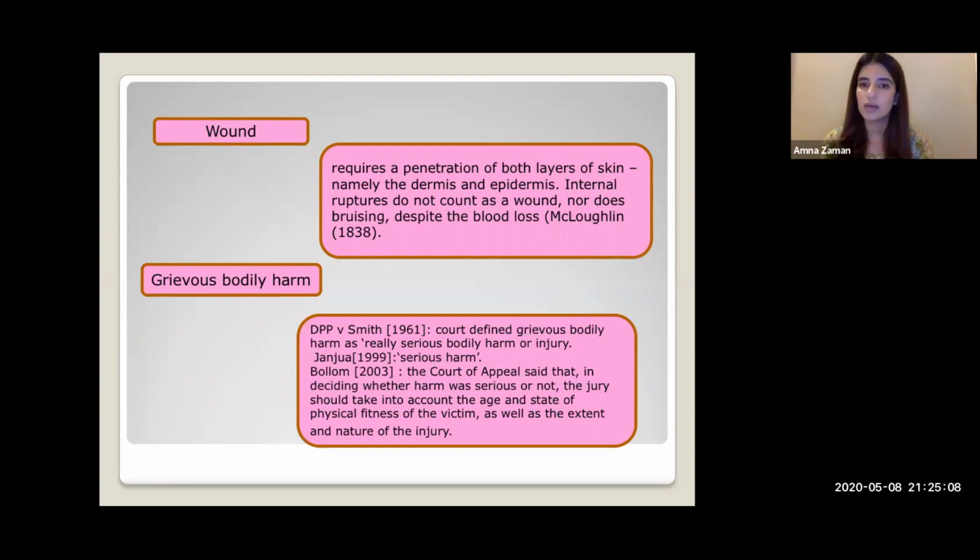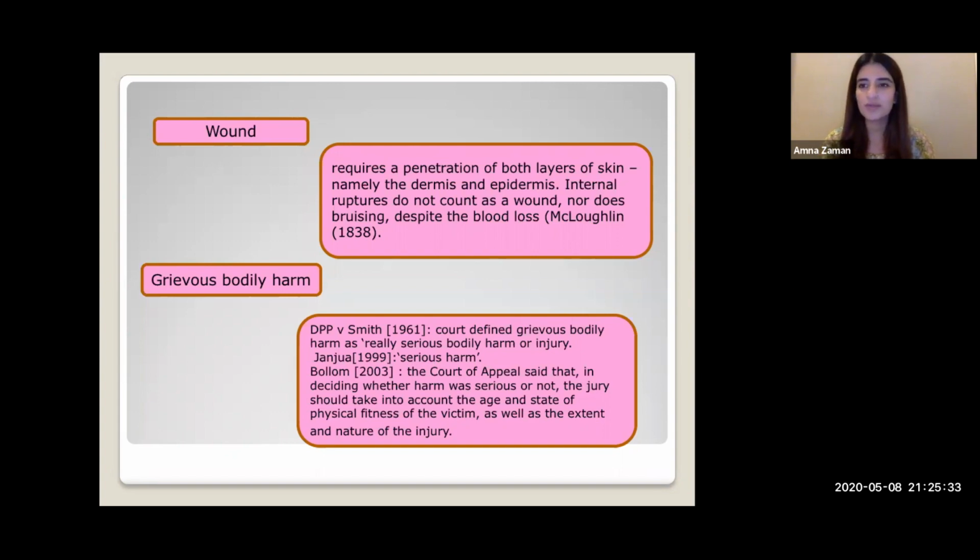The second element of the actus reus for Section 18 is grievous bodily harm. Grievous bodily harm has been defined by the court in a number of cases. However, it is still believed that the definition for grievous bodily harm in the case law is a bit confusing. For instance, in 1961, in the authority of DPP against Smith, the court defined grievous bodily harm as really serious bodily harm or injury.